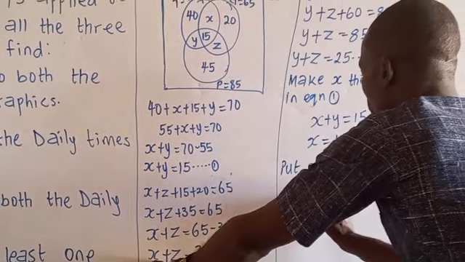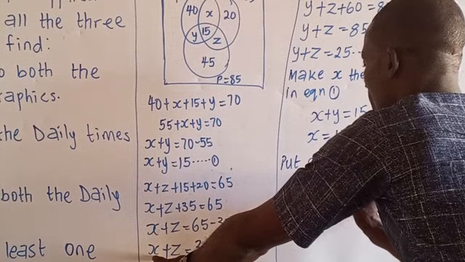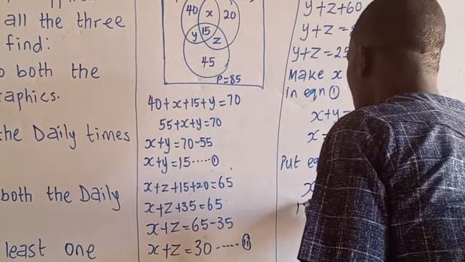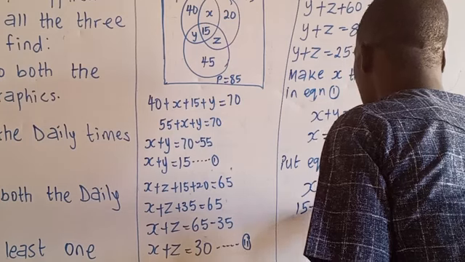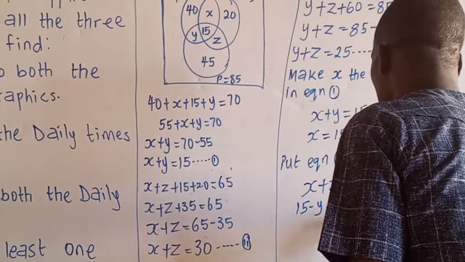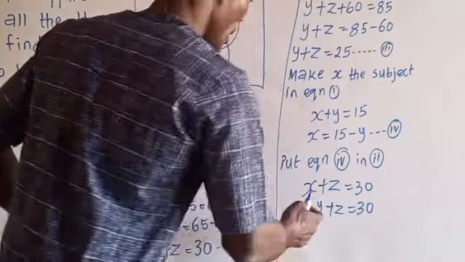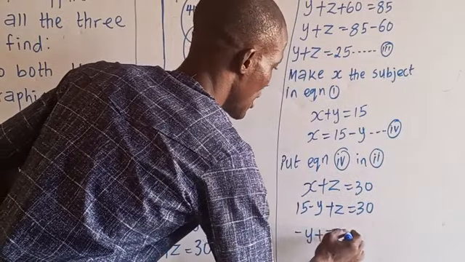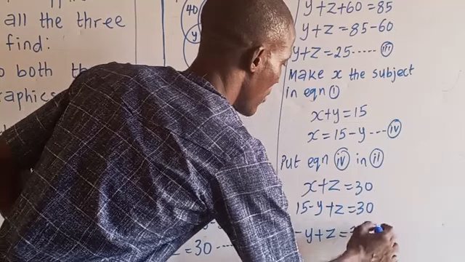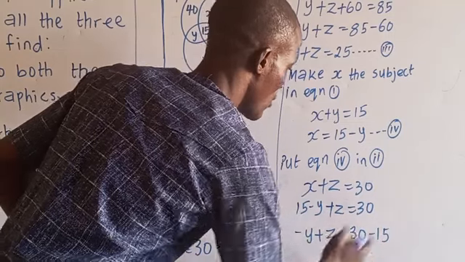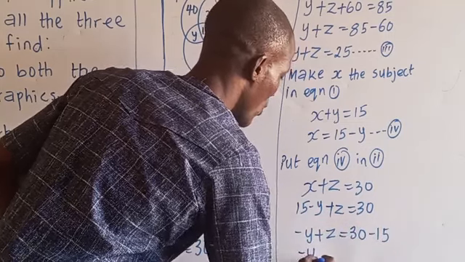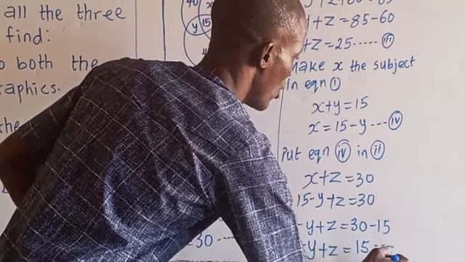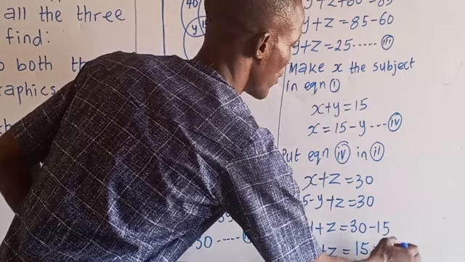So instead of writing x plus z equals 30, I'm going to have 15 minus y plus z equals 30. Now let me take 15 to this side. I'm going to have minus y plus z equals 30 minus 15. So here I have minus y plus z equals 15. This I can call equation 5.